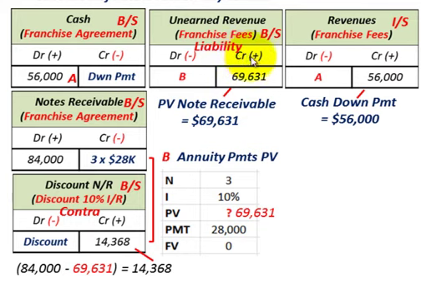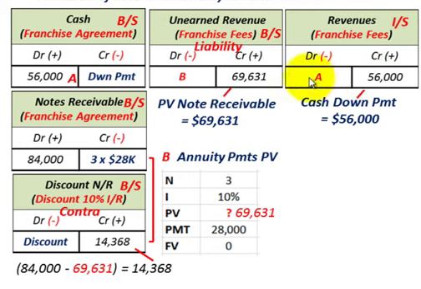When the future services are yet to be performed, in the case of those 3 annual payments, then you have to set it up as an unearned revenue in your balance sheet, again as a liability account. So you credit that for the present value of that notes receivable, $69,631.